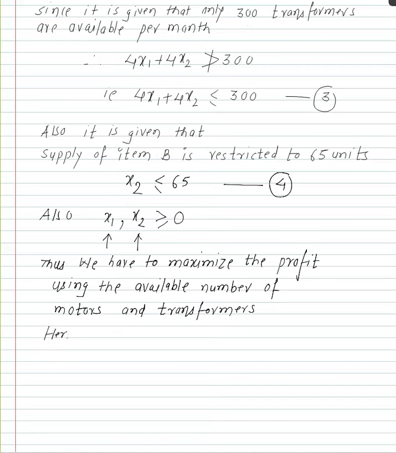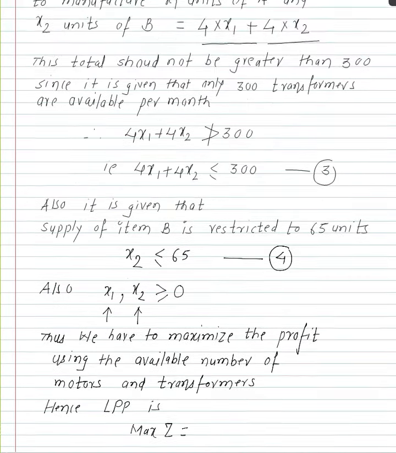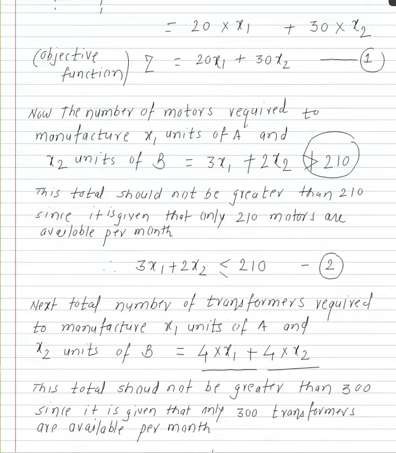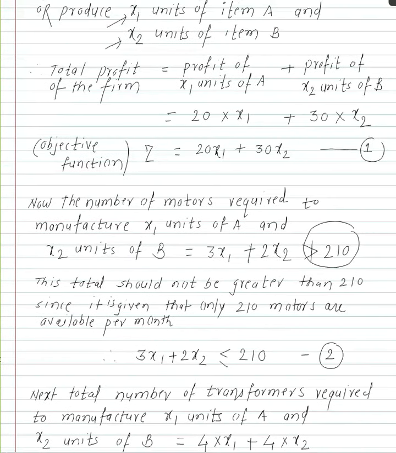Hence, the LPP is: maximize the profit Z, which represents the total profit of the firm, 20x1 plus 30x2.